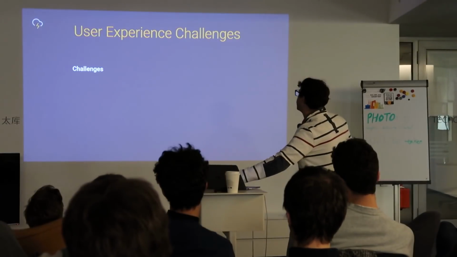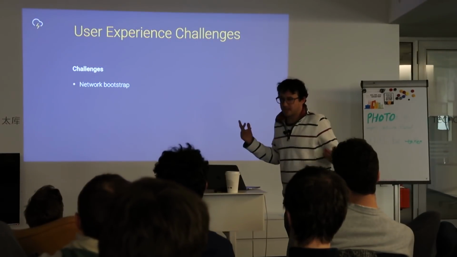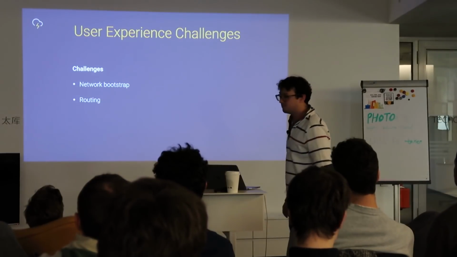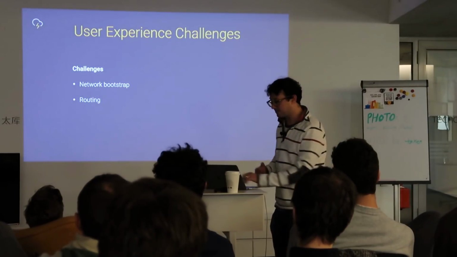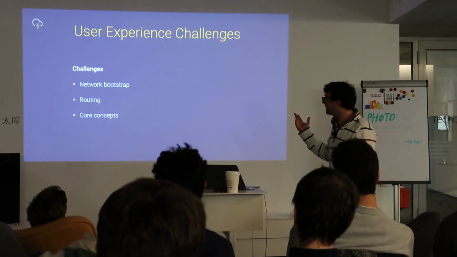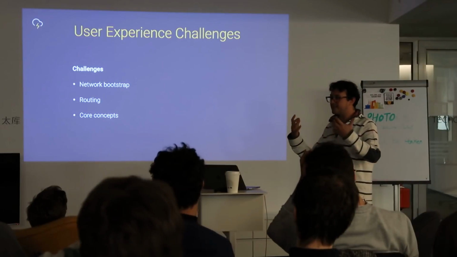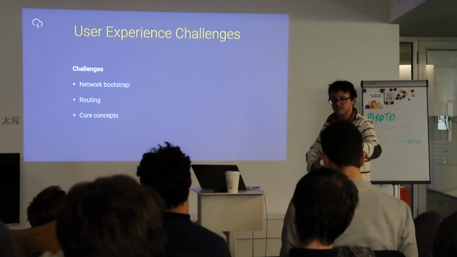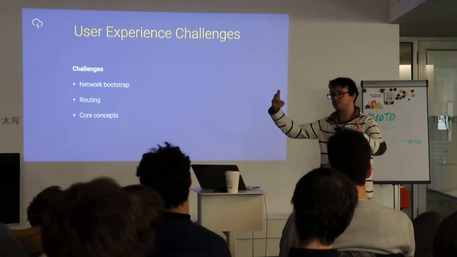And just on the user experience, I talked about this: bootstrapping the network is just slow, bad user experience. Routing basically doesn't work, bad user experience. Some of the core concepts within the wallet, like inside Zap, you've basically got two wallets, right? You've got your on-chain balance, and then you've got a balance that's in some channels.